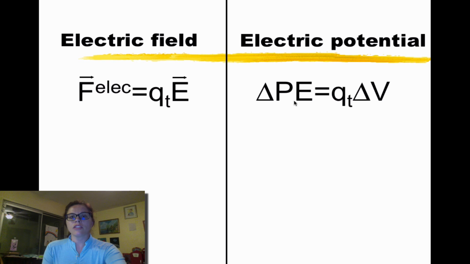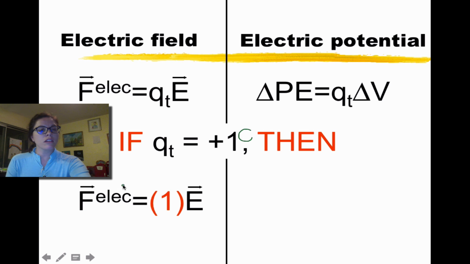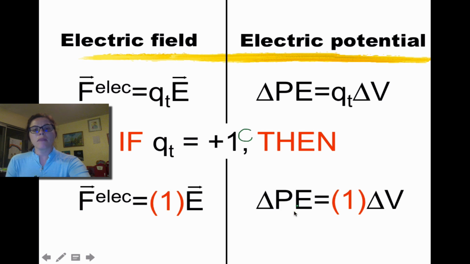The change in electric potential energy is equal to a test charge times a change in electric potential. If the test charge is 1, we need units here, don't we? 1 coulomb. There we go. Then the force, the magnitude of the force, equals the magnitude of the electric field. And the magnitude of the electric potential energy equals the magnitude of the electric potential.